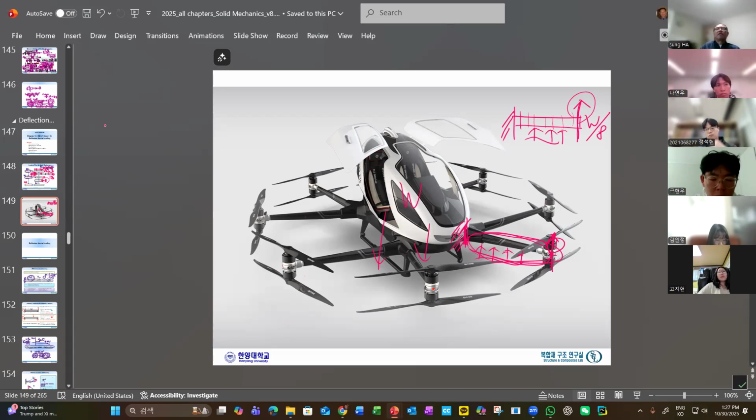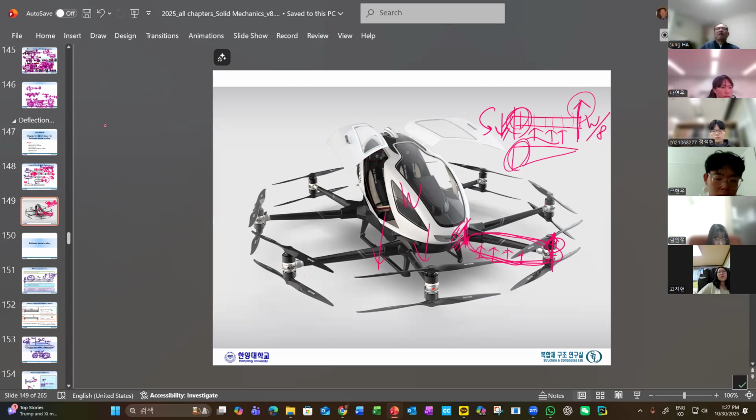There will be a reaction force and moment, and we can easily see where the maximum moment occurs. So moment-wise, I think it will look like this. A very big moment here, right?